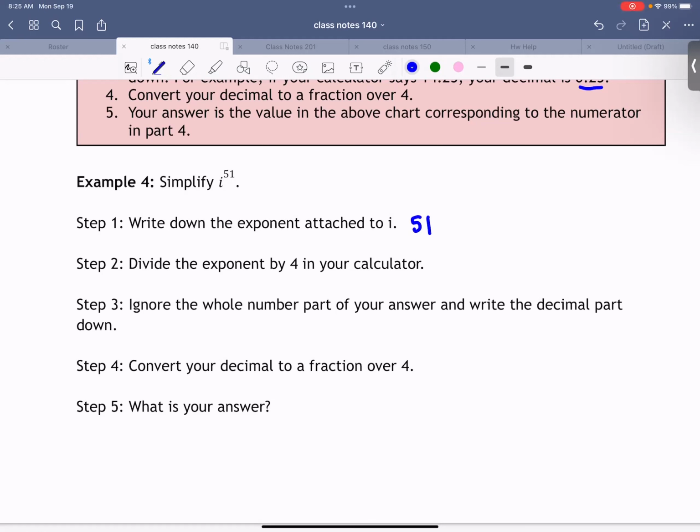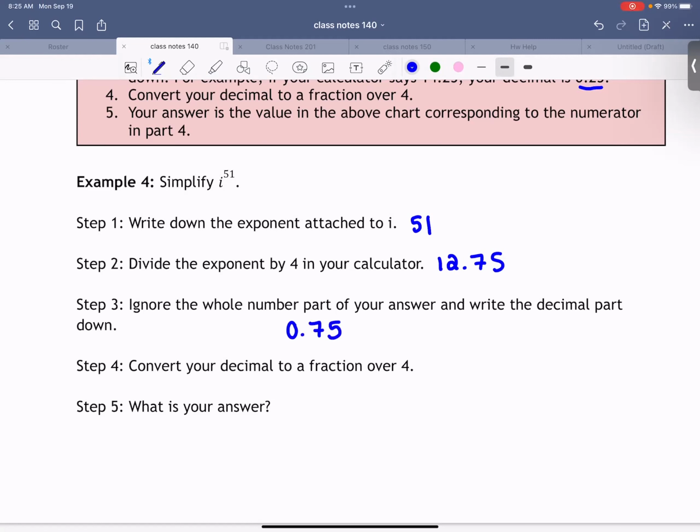Is there anyone who can go in their calculator and do 51 divided by 4? 12.75, great. Step number 3, we're going to ignore the whole part of the answer, so the 12, and just write down the decimal part. So 0.75, right?